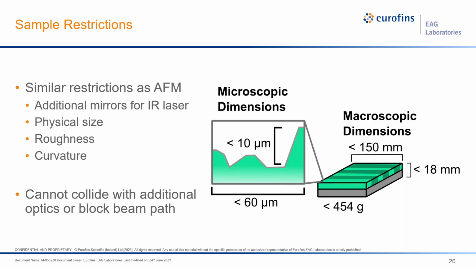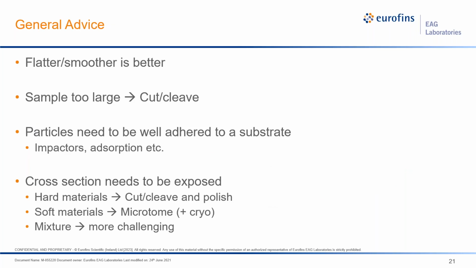There's also a couple of other restrictions because we have additional mirrors for the infrared lasers. So you don't want to have features of your sample such as raised pieces, or if it's really curved, then you don't want parts of your sample to bump into the additional optics or block the beam path of the infrared source. And I wish that there was a one size fits all sort of recipe, but the sample prep is very dependent on the types of questions you want to have answered, in addition to the material that you have.